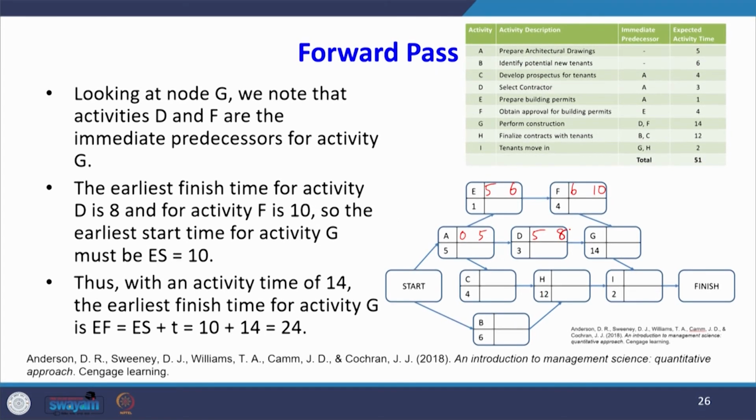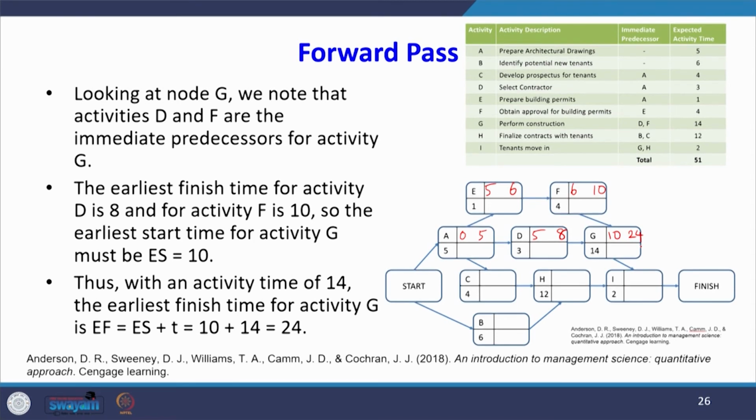The earliest finish time for activity D is 8, and for activity F is 10. So the earliest start time is the larger of 8 and 10, which is 10. So, 10 will be your earliest start time for activity G. With the activity duration of 14, the earliest finish time will be 10 plus 14, which is 24.